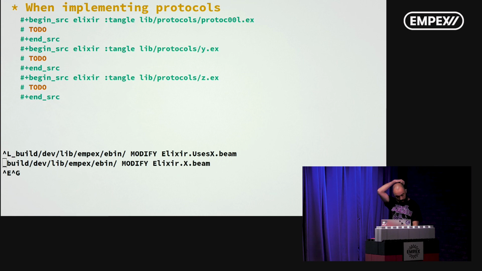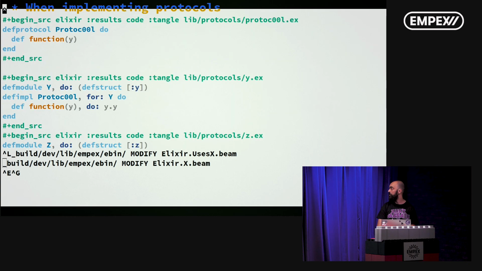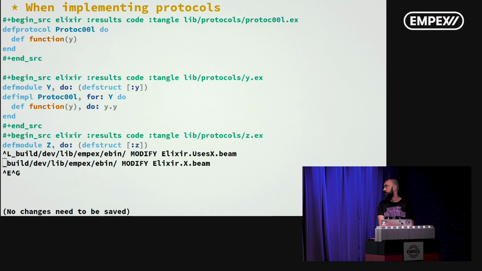And the big kid on the block is when using protocols. I'm not gonna write that live because we don't have that much time, so I'm just gonna copy it over. So we have a protocol definition of Protocol.